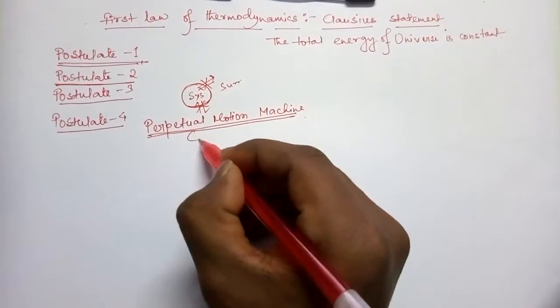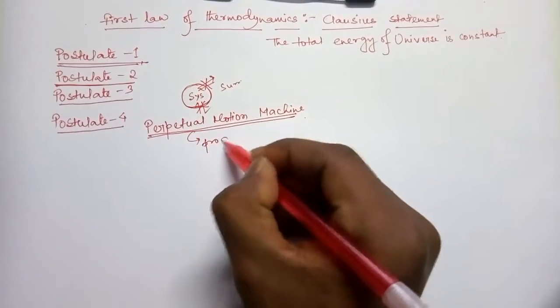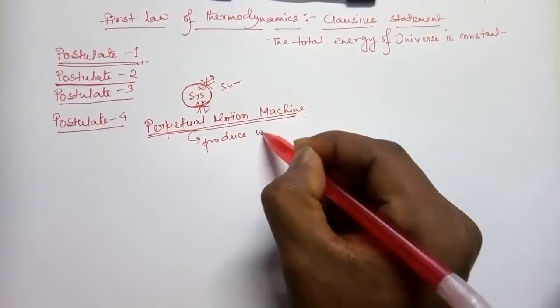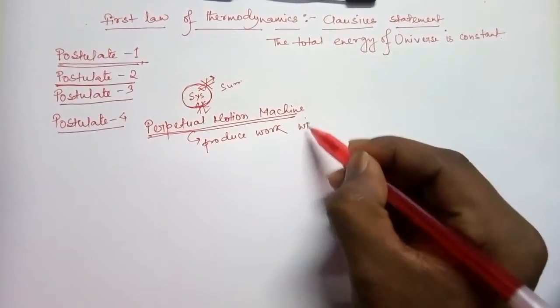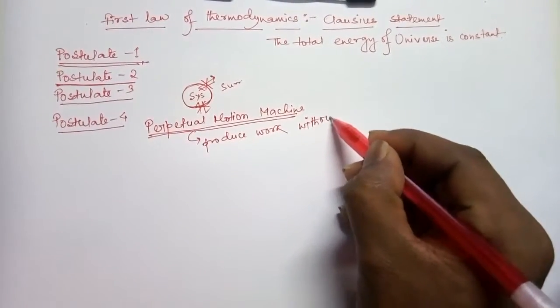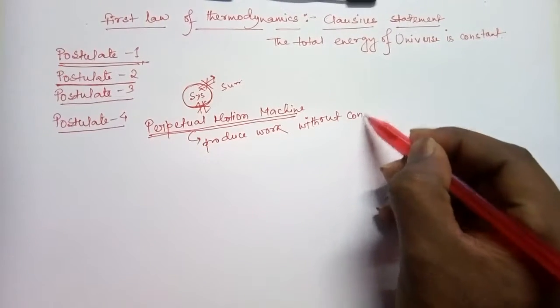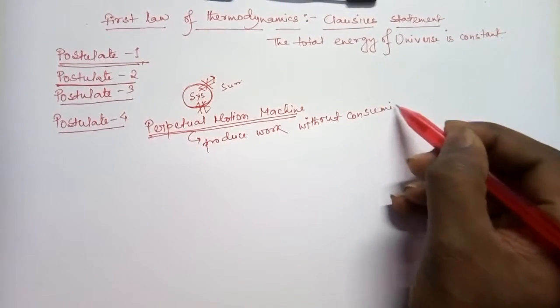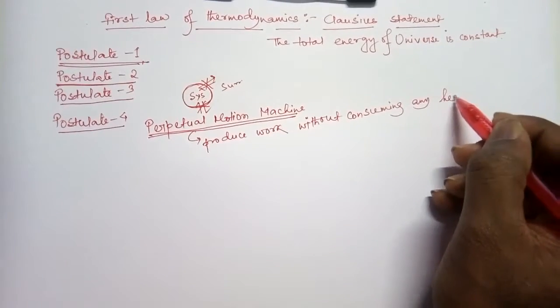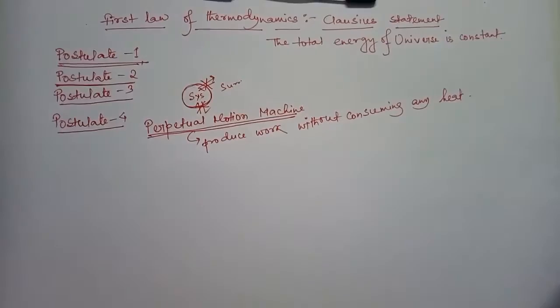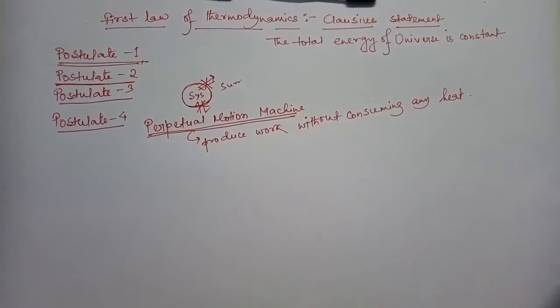That can produce work without consuming any heat. That means it is not taking heat but it is producing work. That kind of machine construction is not possible.